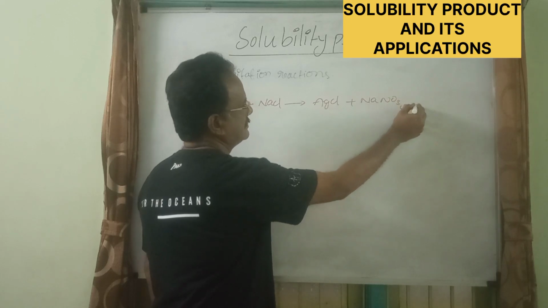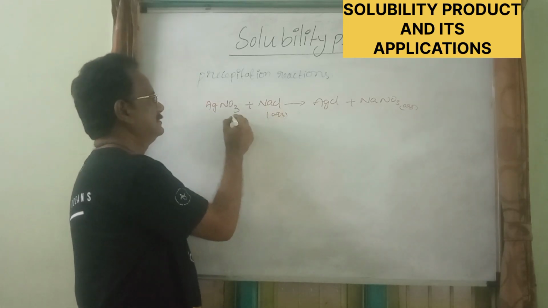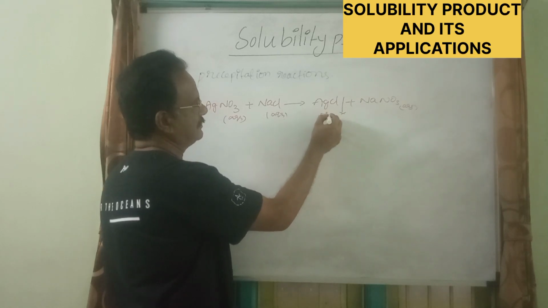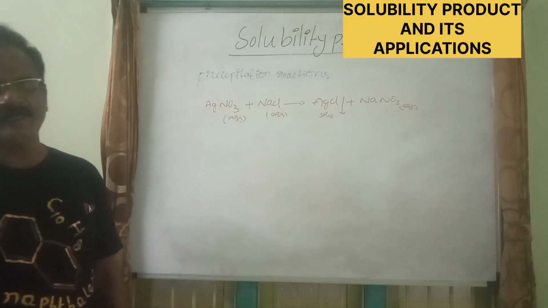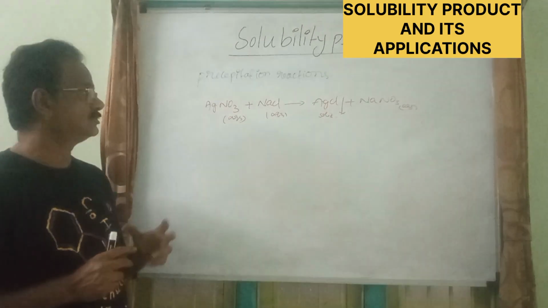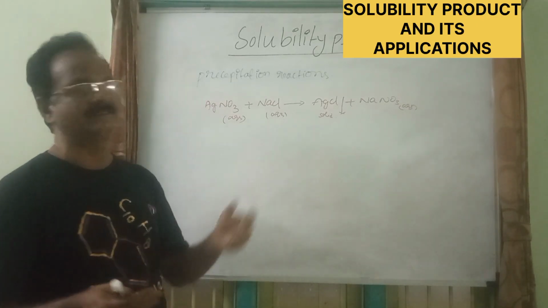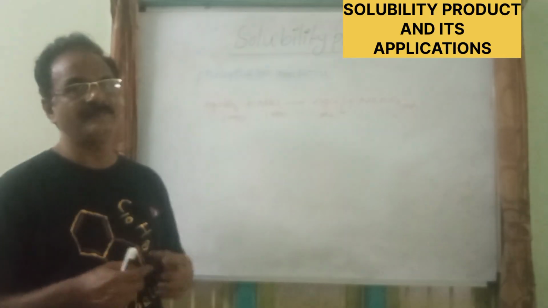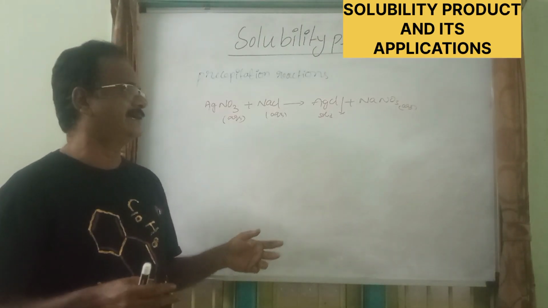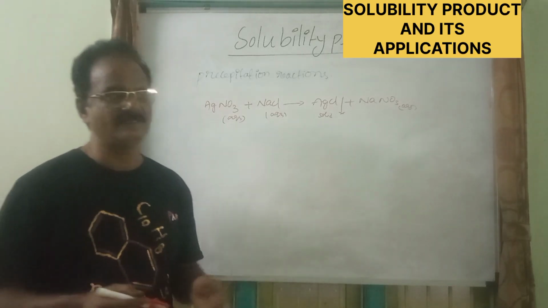Here this is aqueous, this is aqueous, this is also aqueous, this is precipitate, this is solid. Okay. Here you are adding two types of aqueous solutions, that is AgNO3 and NaCl. On addition of AgNO3 to NaCl, you get AgCl and NaNO3. Let us see what will happen.